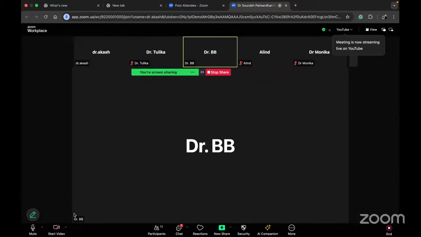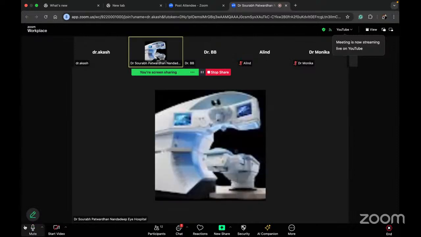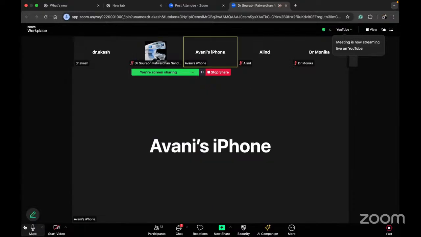Okay, and I have one more question. Why is leprosy more associated with anterior uveitis? Anybody? The hint is temperature.